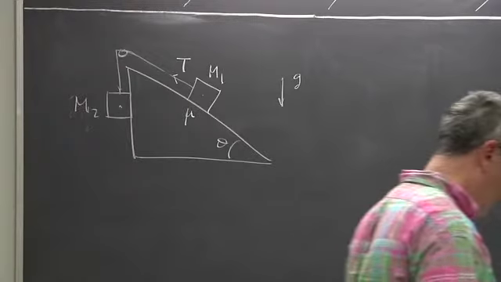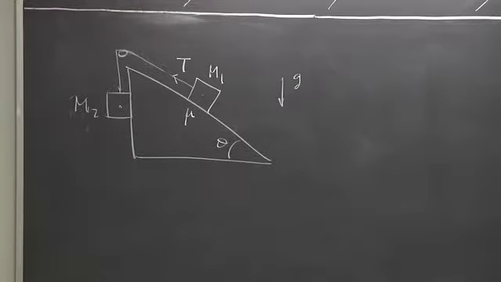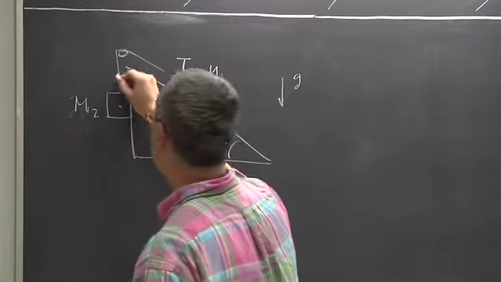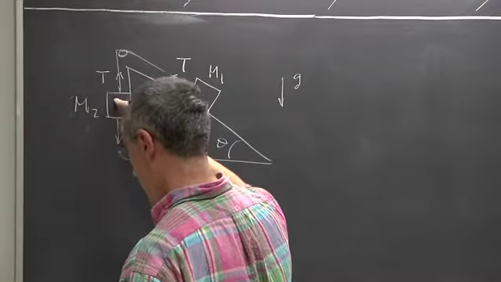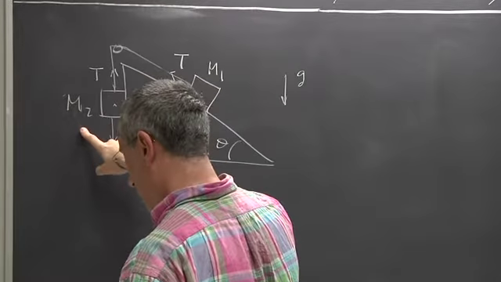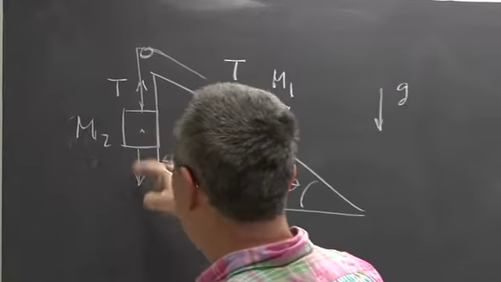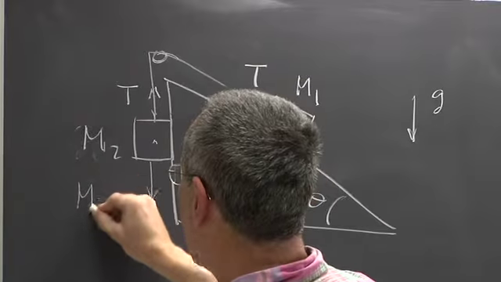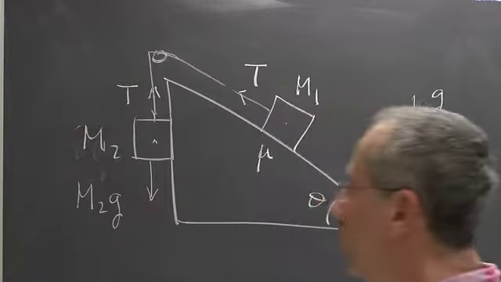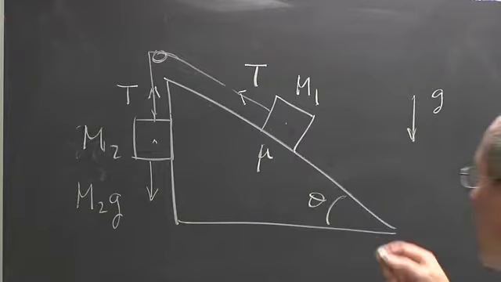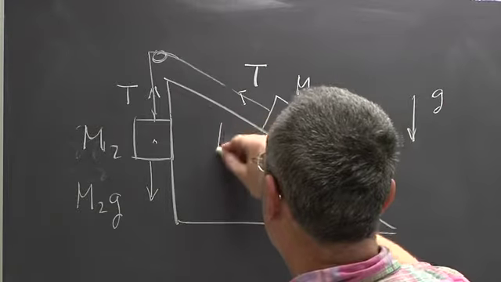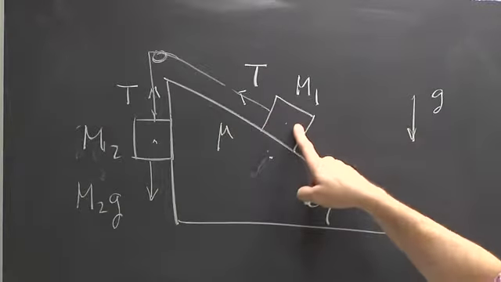So let's try. So I'll write for you the equations. This tension must be the same here and here, right? And then this guy here, the mass M2, is pulled down by gravity, right? By a force that is M2 times g. Agree? And what is the force on mass M1?